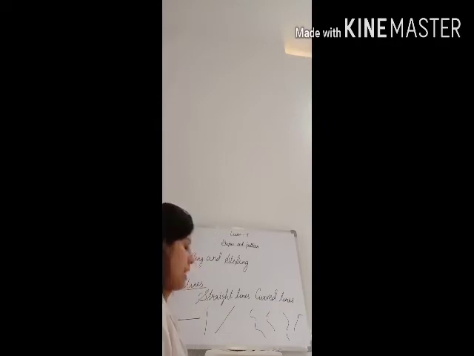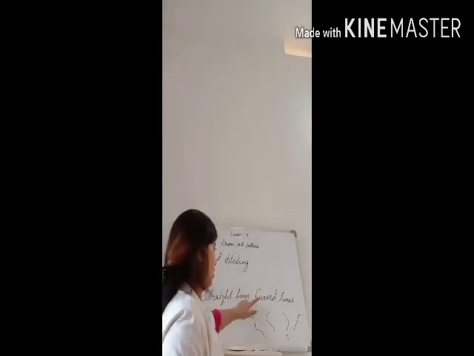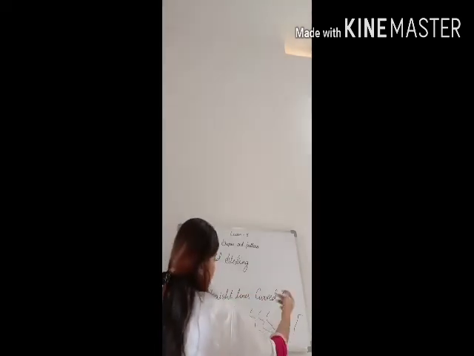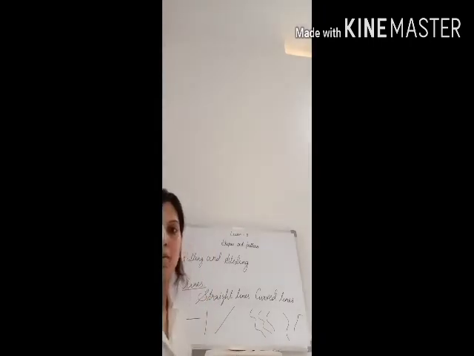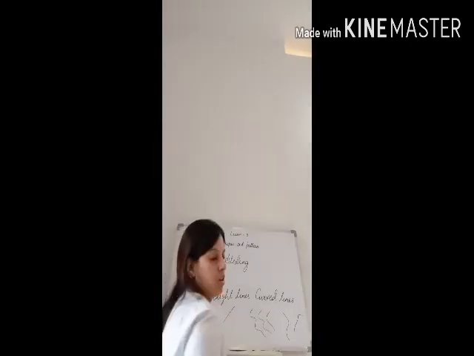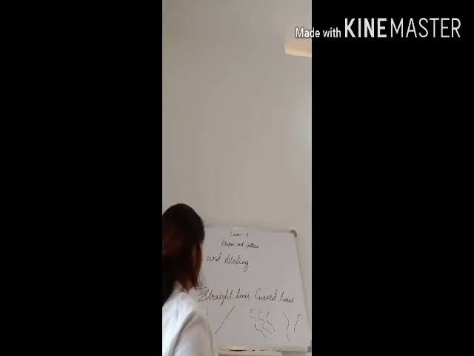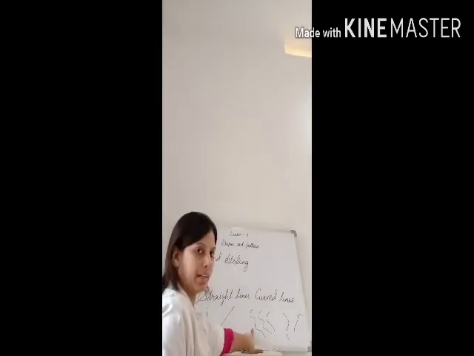When you draw a straight line, it will be straight. But a curved line can go any way. It's not straight. So this is a straight line, this is a curved line.